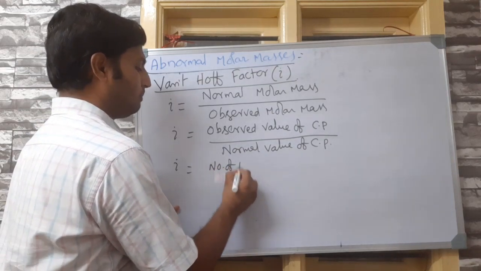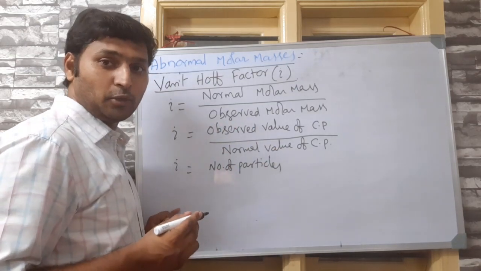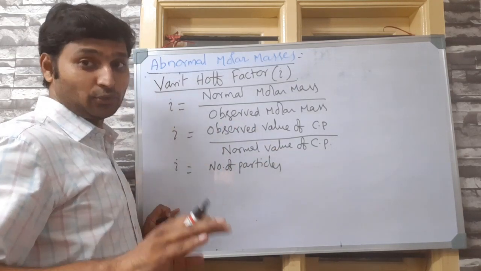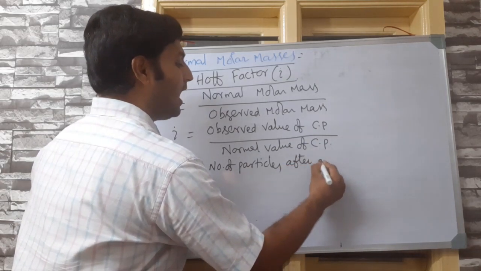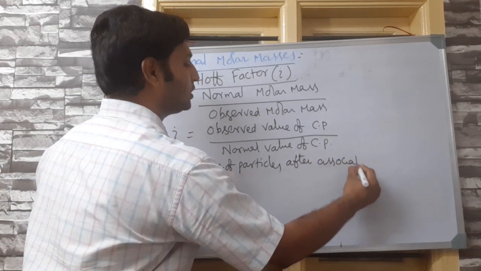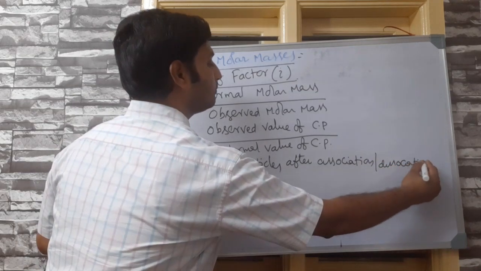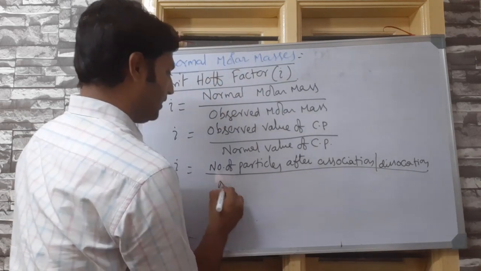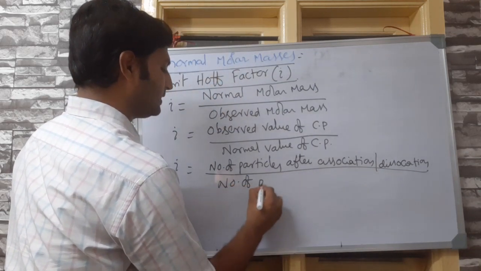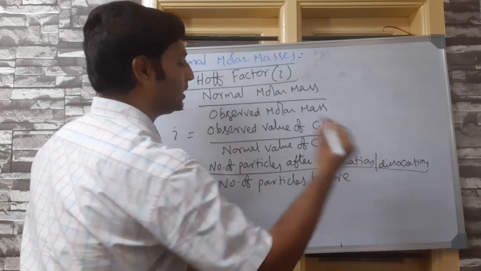That's why you can say number of particles. When do you get observed value of colligative property? When dissociation or association happens. So, number of particles after association or dissociation divided by number of particles before association or dissociation.